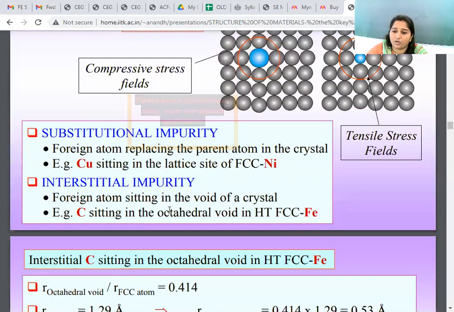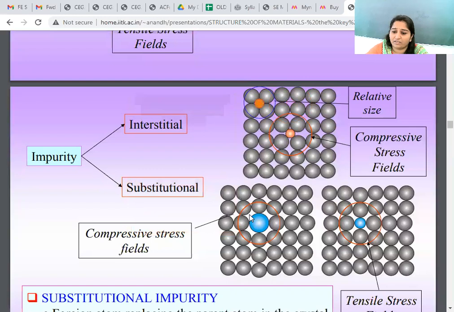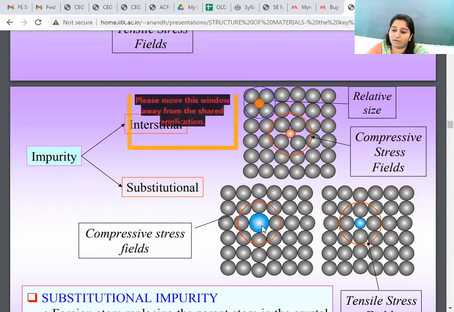Now for the substitutional, in the diagram there is a vacancy of one regular atom, and one foreign atom of the same size, or bigger or smaller in comparison, is adjusted in place of the regular atom.